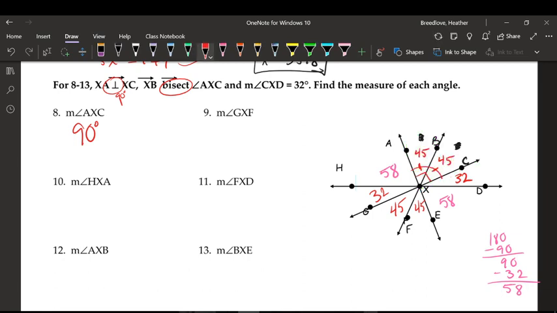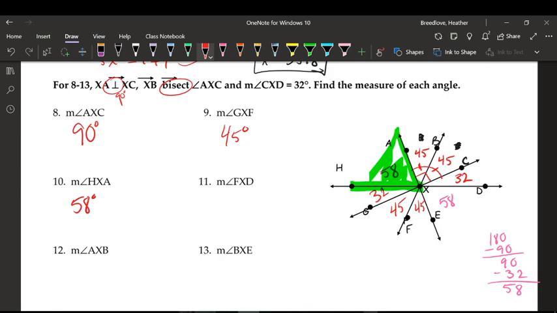All right, number 9 is GXF. Here's G, here's X, here's F. So it's that angle. It's 45 degrees. HXA. Angle HXA. Is this one? I found that one already. It's 58 degrees.